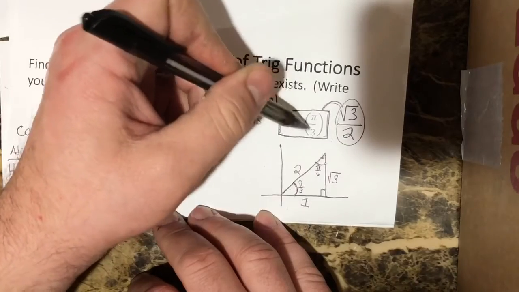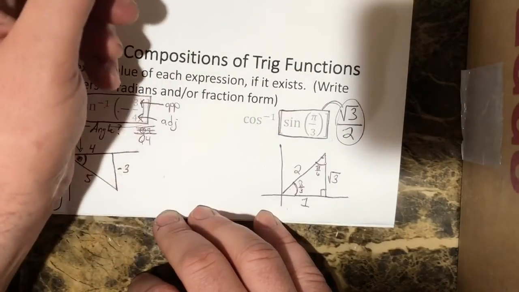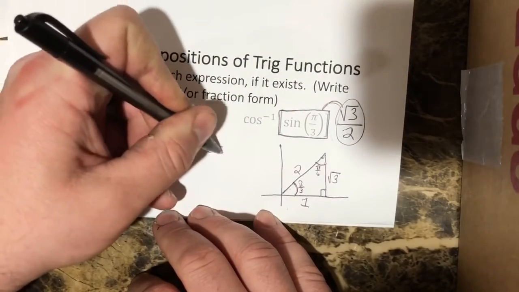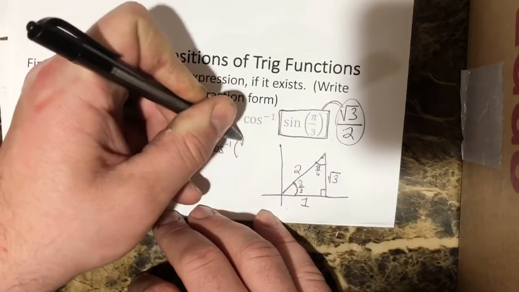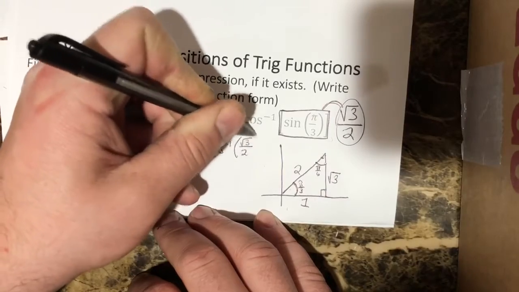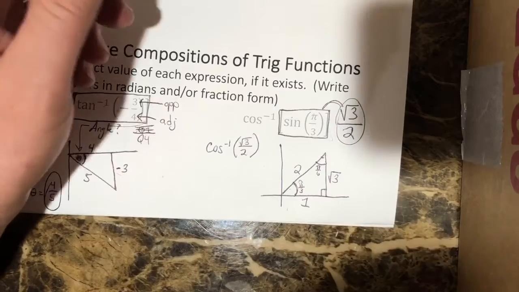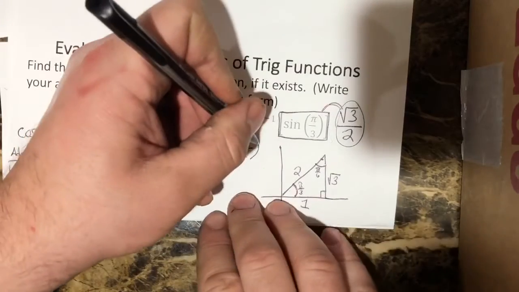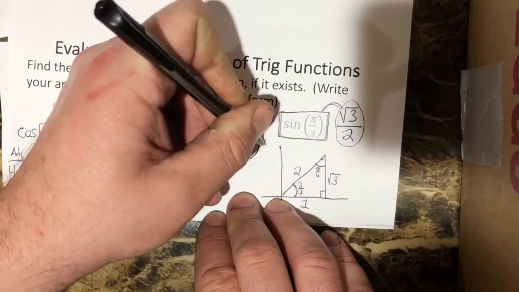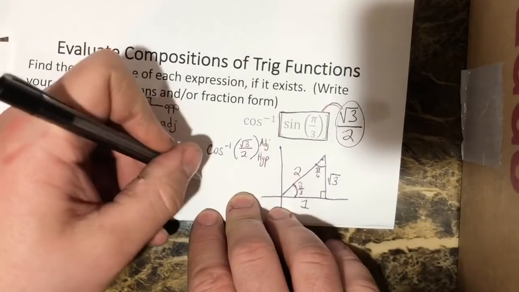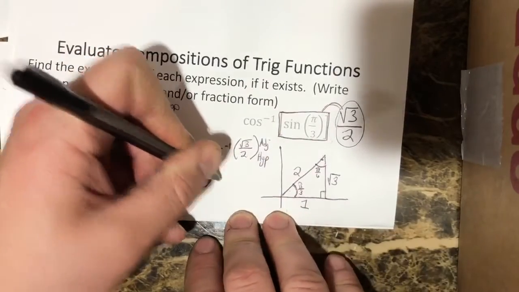The sine of pi over 3 is the square root of 3 over 2, okay? So to answer the final question, you figure out what the inverse cosine of square root of 3 over 2 is, okay? So again, inverse cosine. In other words, you need to figure out if this is my adjacent side and this was my hypotenuse, what angle would make those two things?